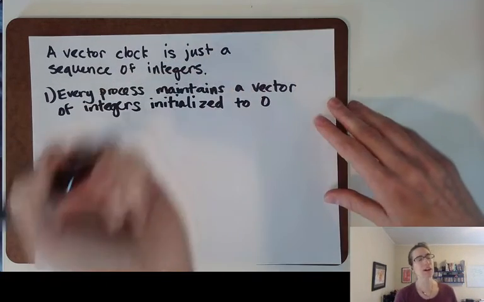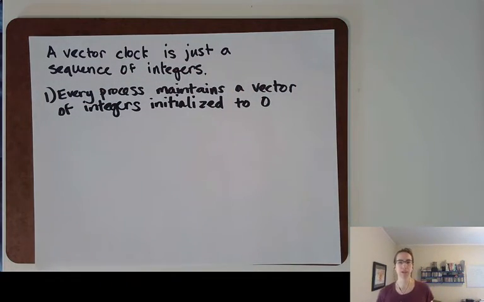Just like with Lamport clocks, every process kept a counter, a single number initialized to 0. For this, every process is going to keep a vector of integers initialized to 0. How long of a vector? How many do you think?